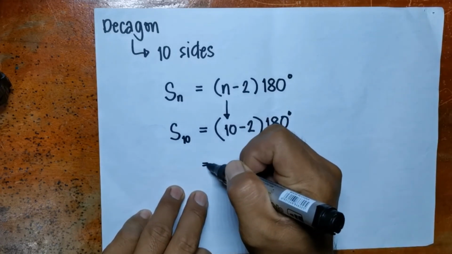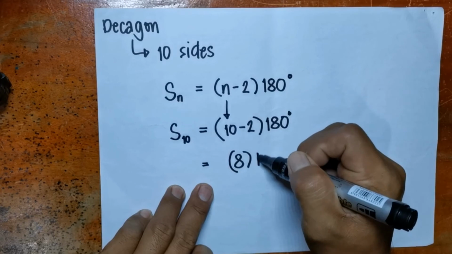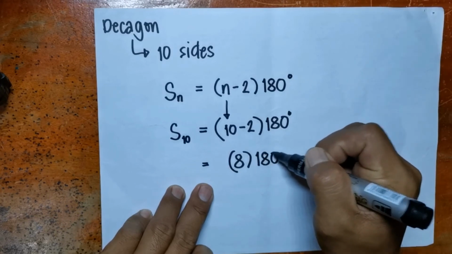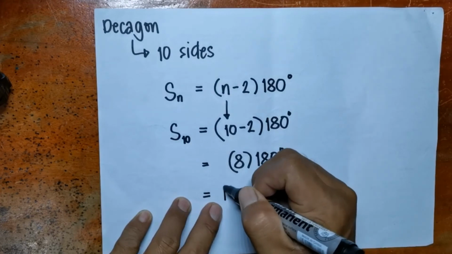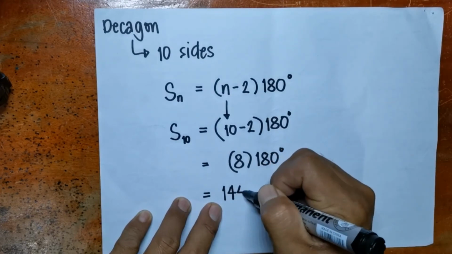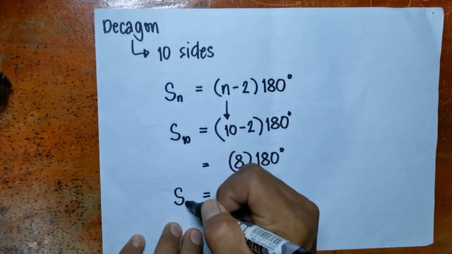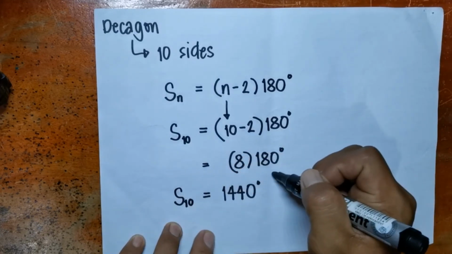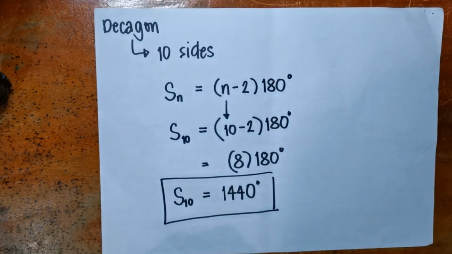So we will have 10 minus 2 is 8 times 180 degrees, and therefore 1440 degrees. This is the sum of the measures of all the interior angles of a decagon.